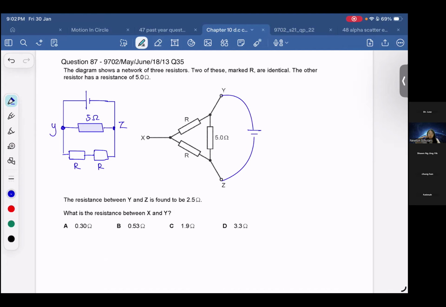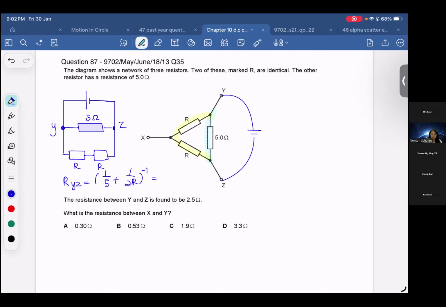So for this one, we can find the resistance R. Between these two, actually we got two paths there. Path 1 and path 2. So the total resistance for this YZ equals 1 over 5 plus 1 over 2R, inverse it.